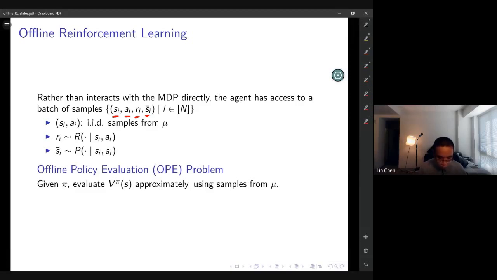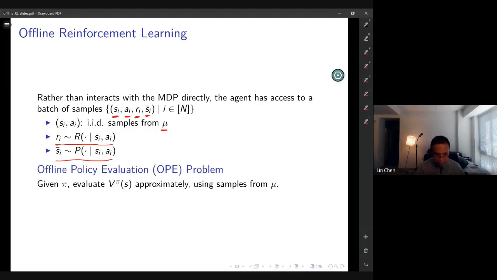And we assume that Si and Ai are IID samples from a data distribution mu. And so we can imagine mu can be like a uniform distribution over a lot of Si, Ai pairs, or even more complicated distributions. And Ri is sampled from the reward distribution, and Si bar is sampled from the transition distribution.